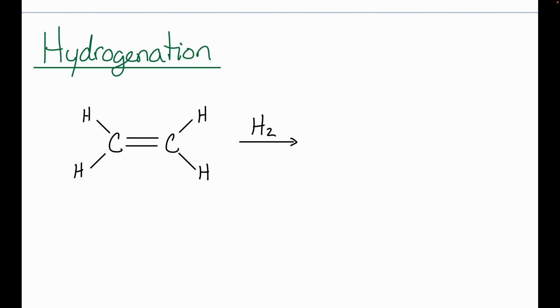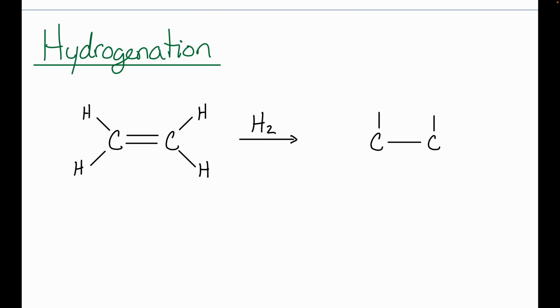All right, so what are we adding to either side of what used to be our carbon-carbon double bond? Hydrogens. So then what's our functional group of our product here? An alkane. All right, so this is how we can reduce this carbon-carbon double bond to a carbon-carbon single bond, turning our alkene into an alkane.